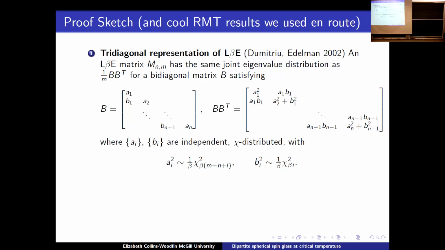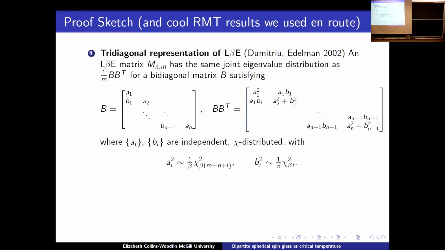So what you do is you start with a bidiagonal matrix. It has these A's along the diagonal and these B's below the diagonal, and everything else is zeros. And the A's and the B's are all these chi-distributed random variables with different degrees of freedom, depending on beta and depending on the m and the n.